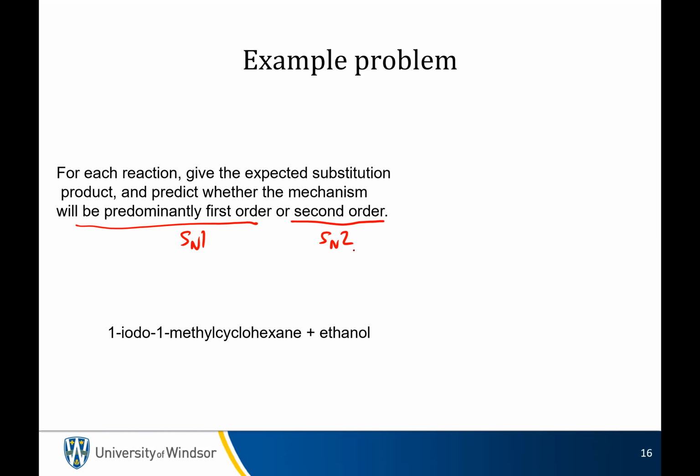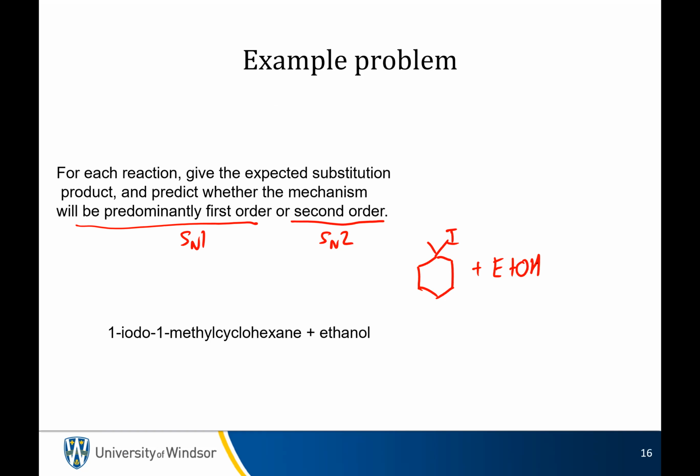So this one they ask: 1-iodo-1-methylcyclohexane plus ethanol. So first thing we should do is draw out 1-iodo-1-methylcyclohexane plus ethanol. Okay, so now they're saying substitution.